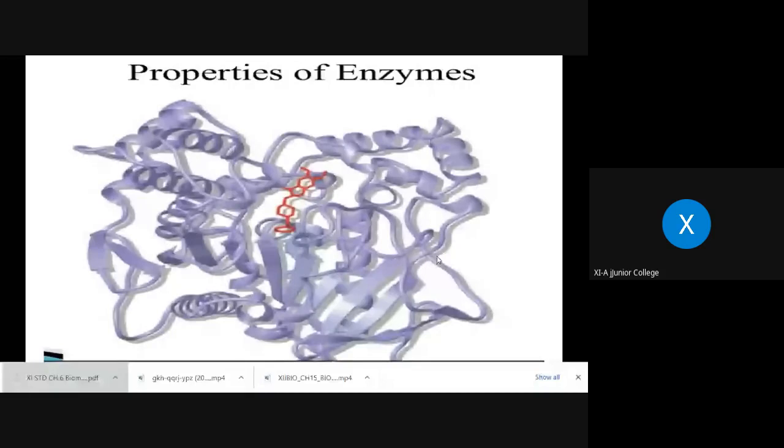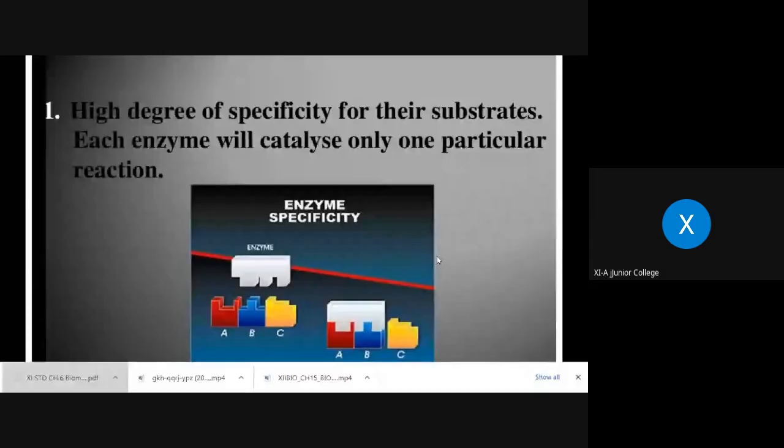High degree of specificity for their substrate. All the enzymes have a high degree of specificity for their substrate, so each enzyme will catalyze only one particular reaction. In this diagram, you can see the enzyme and the substrate. As per the active site of the enzyme, that enzyme can fit only that part of the substrate which can fit that active site.